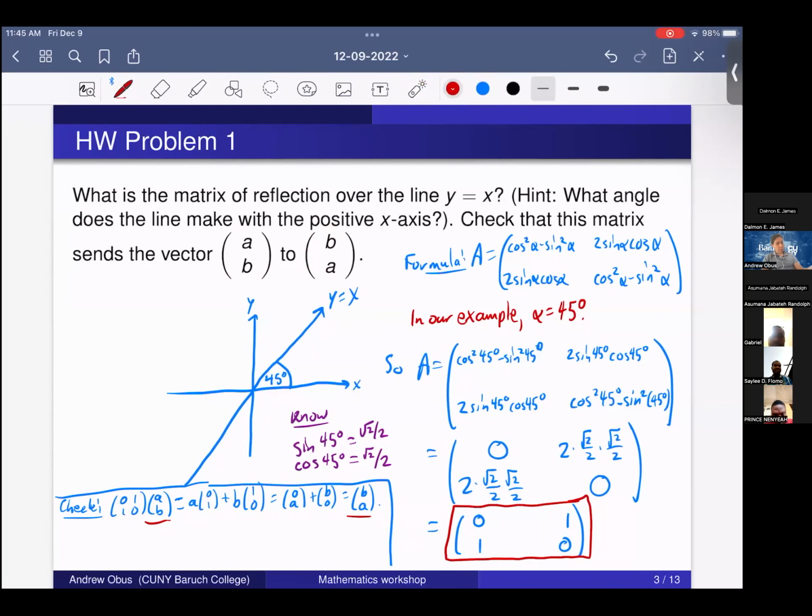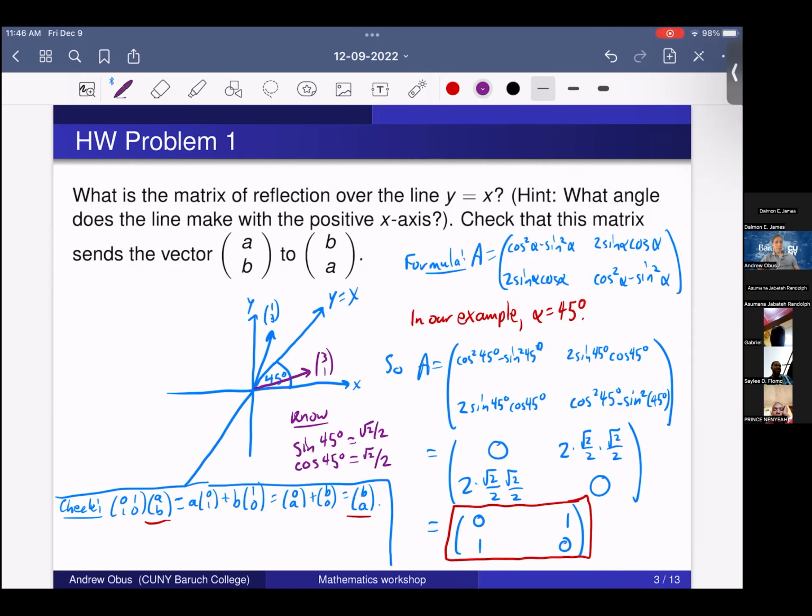And this is right, for reflecting over the line y equals x exactly interchanges the y coordinate and the x coordinate. So if I start with a vector here that's, let's say, 1, 3, then its reflection over the line y equals x is going to be exactly the vector 3, 1.